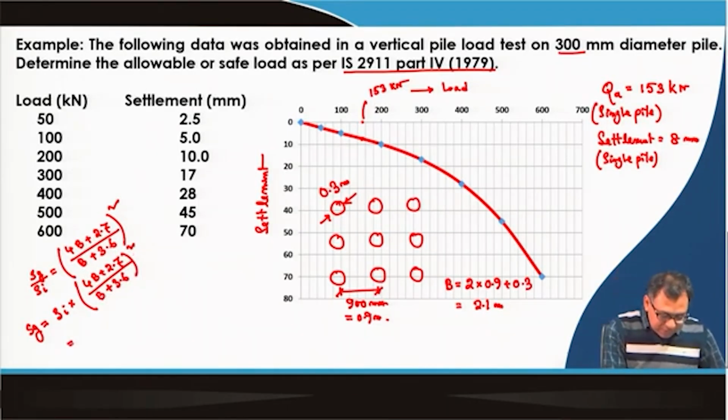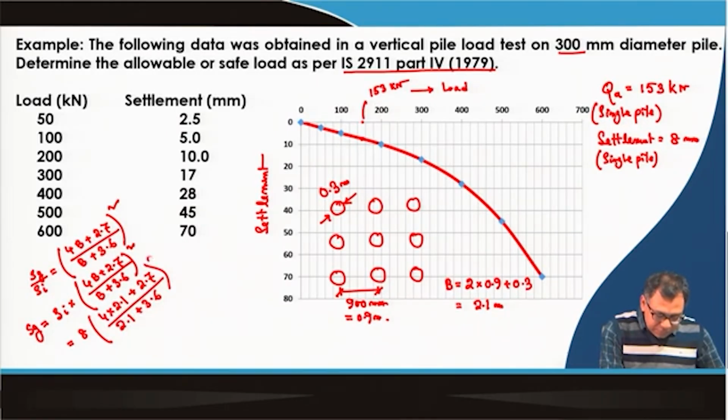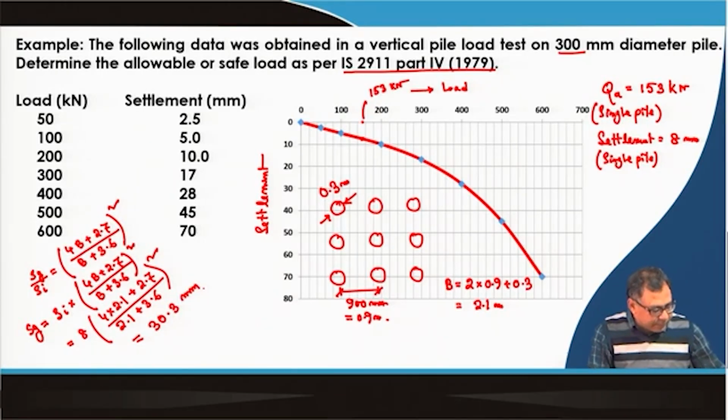The settlement of the single pile is 8 millimeter, 4 into 2.1 plus 2.7 divided by 2.1 plus 3.6 whole square. So, this value is 30.3 millimeter. The settlement of the pile group is 30.3 millimeter, when the settlement of the single pile is 8 millimeter. This way we can calculate the settlement of the pile group also.